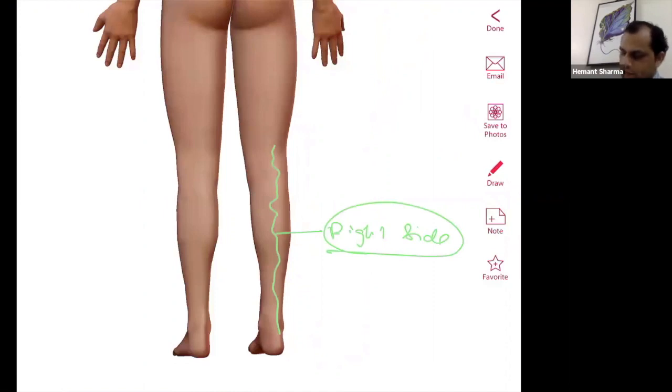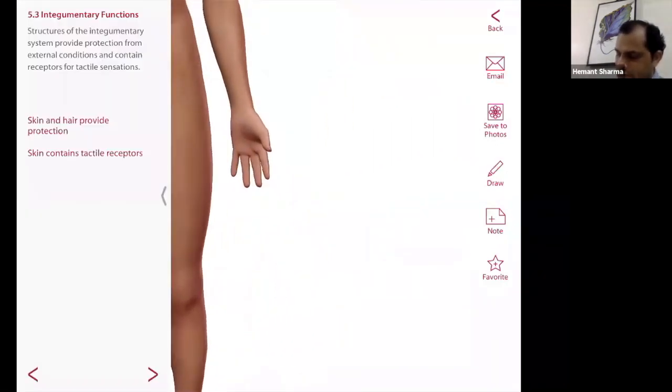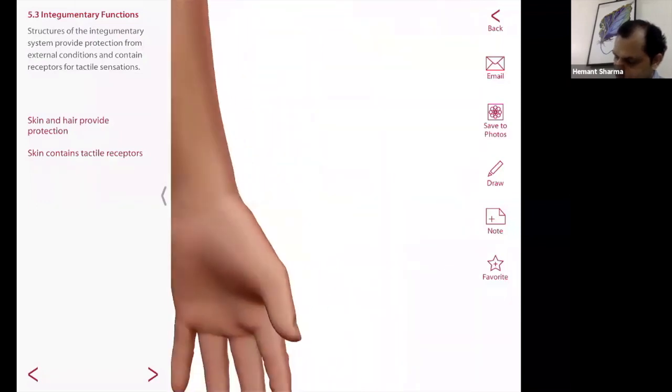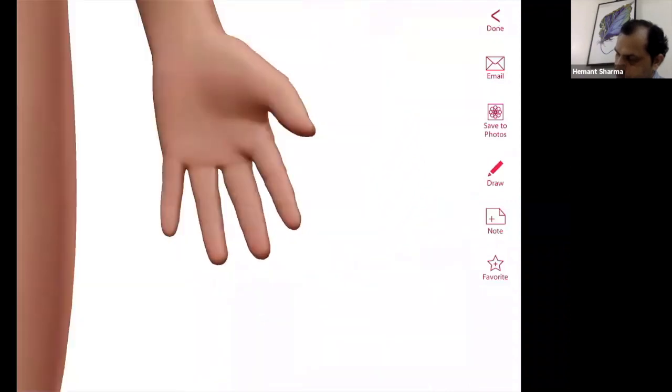So I put this point, Lingu point, but from the opposite side. From here, I inserted one needle. She got immediate relief within 6 seconds.